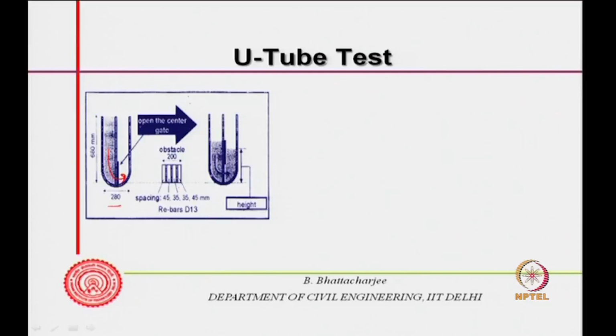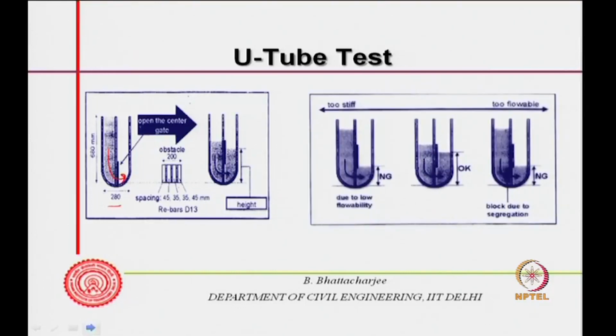Now, if it is self compacting, then this height should be the same. If it is not flowing due to low flowability, or because of segregation, then it cannot be self compacting. This is too stiff a mix, it does not move at all, very stiff due to low flowability, not self compacting.